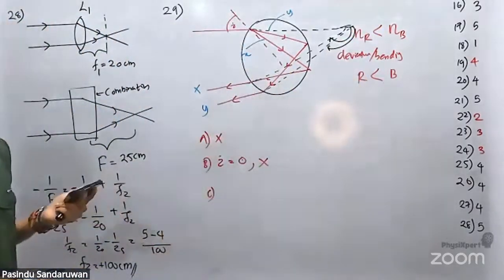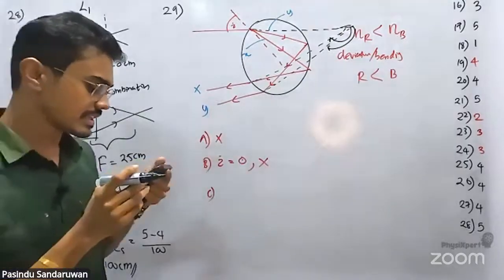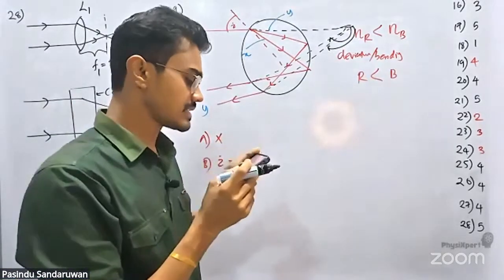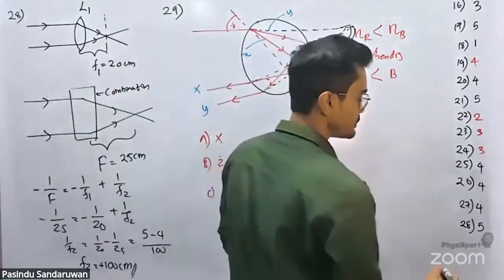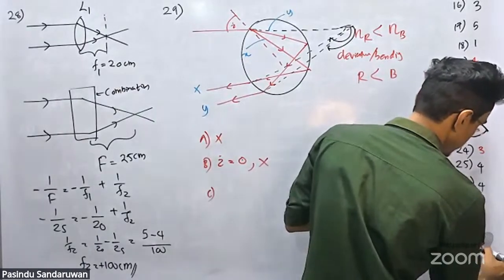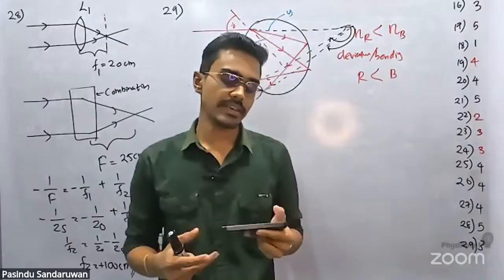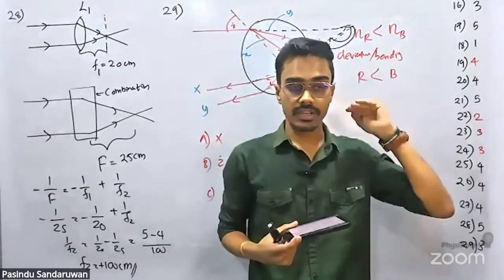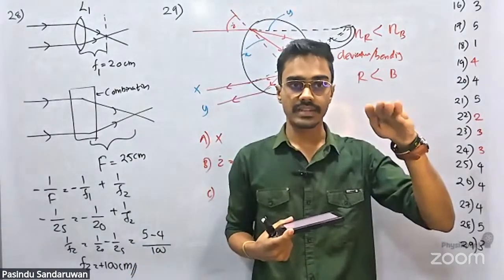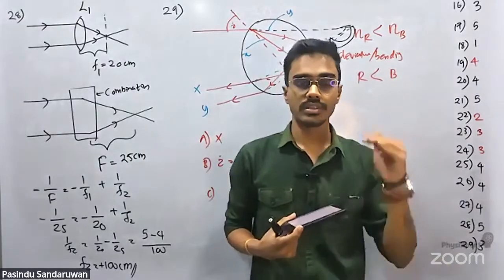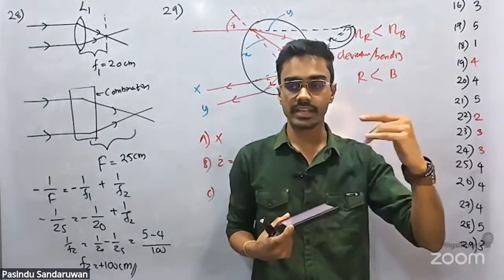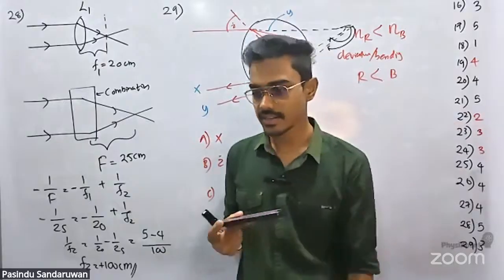So the deviation of X is greater. That is correct. Total deviation is the angle between the original direction of the light ray, meaning the very first ray, and the final direction, meaning the very last ray.